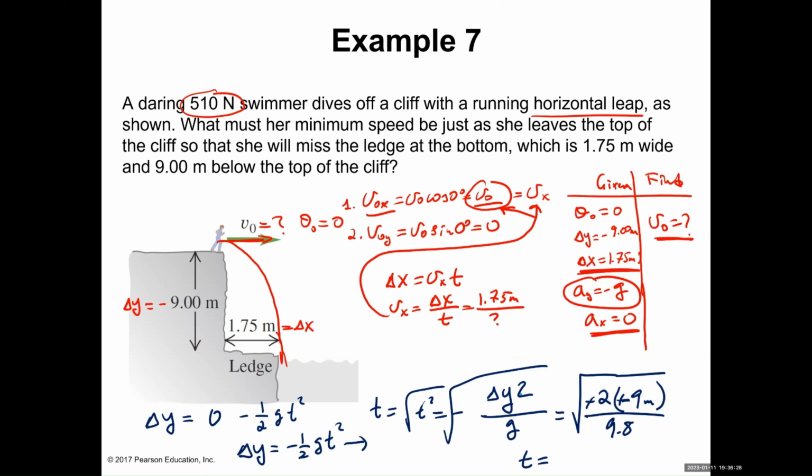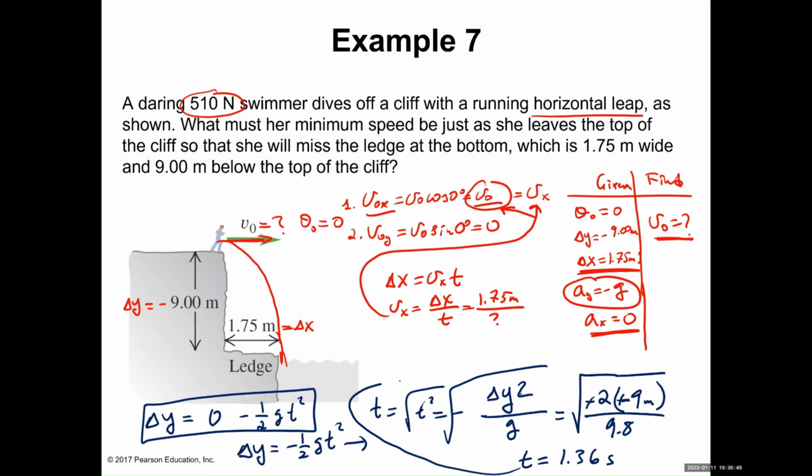I get 1.36 seconds. That means we use equation 2 in the vertical direction to solve for time, and that's usually your best friend. This equation is your best friend if you want to find time in a problem like this.